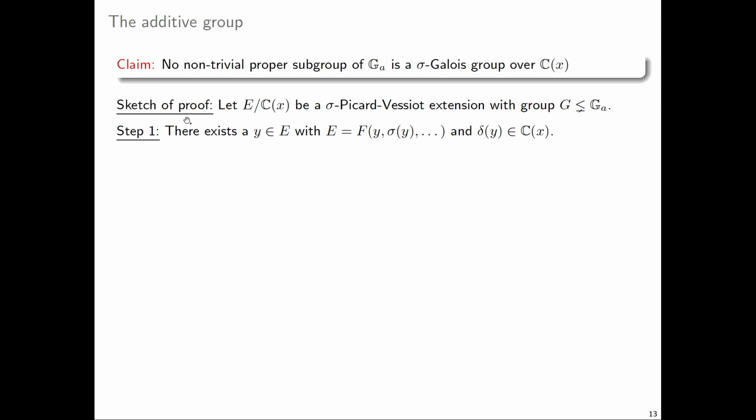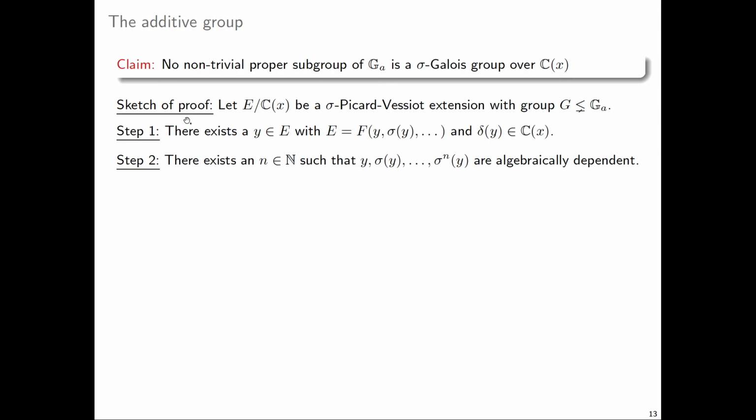To show this, we use that these sigma Picard-Vessiot rings are torsors under the Galois groups, and then we classified the torsors for subgroups of GA using H1. So then we got this.